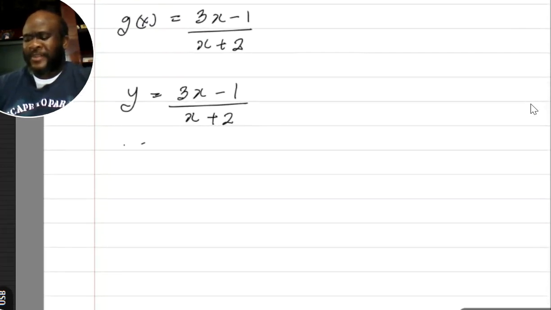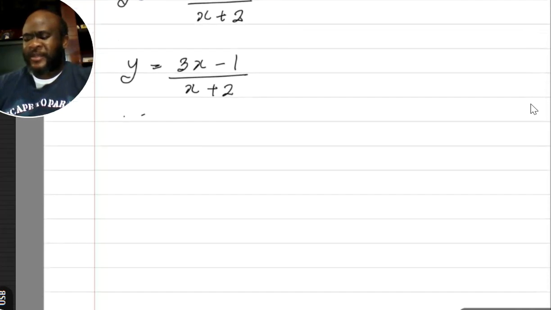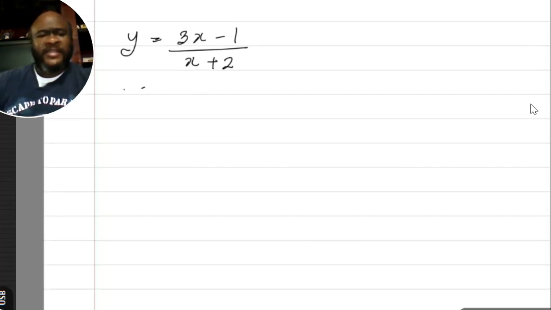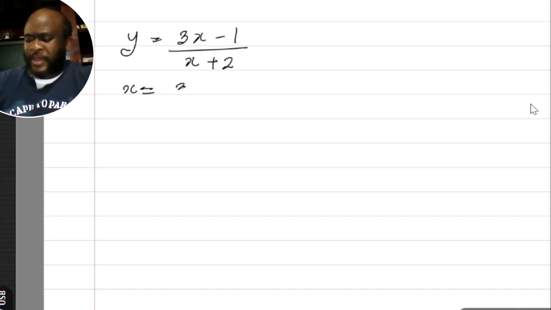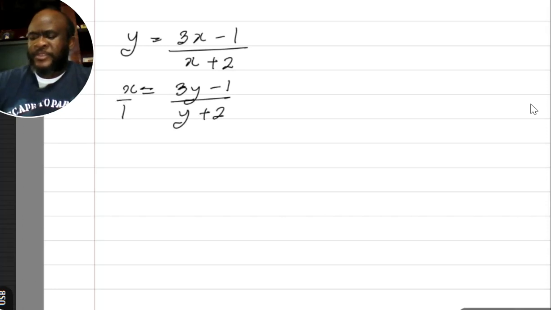Step 2, interchange x and y. Wherever I see x, put y, wherever I see y, put x. So x would be equal to 3y minus 1 over y plus 2. This would be step 2, interchange x and y.